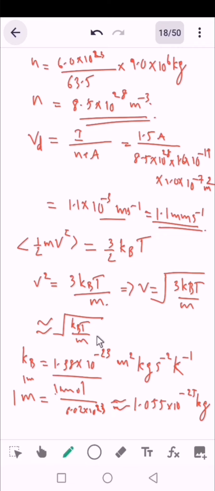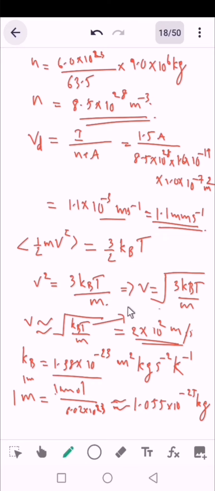So when you substitute these values in this equation, the value of v, that is the thermal speed of these electrons, will be approximately about 2 into 10 raised to 2 meter per second, and this speed is at normal temperature.